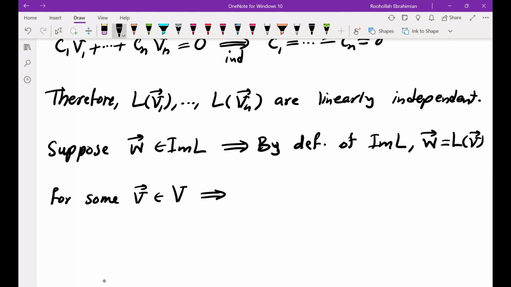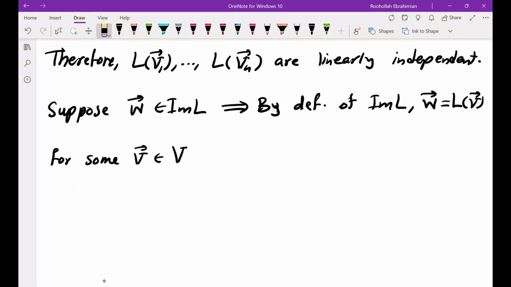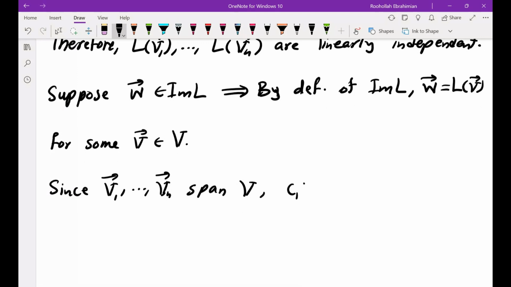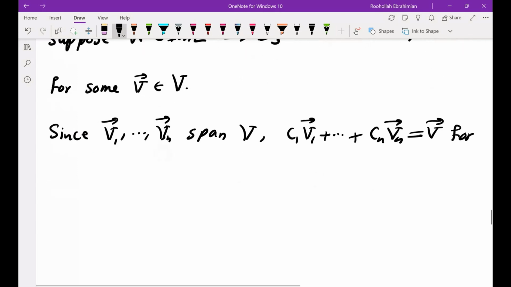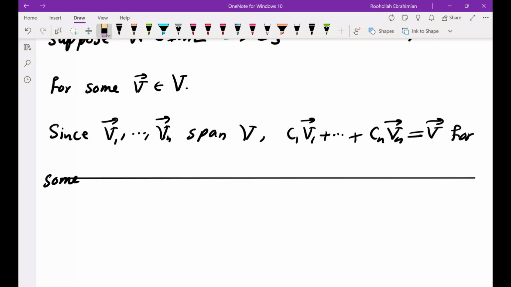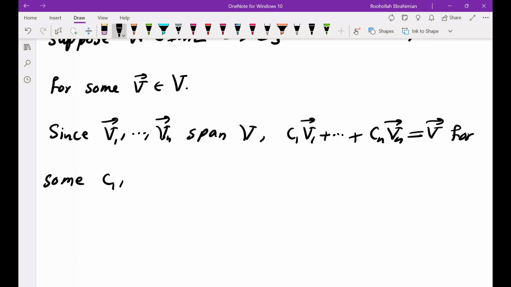I can write down W as L of V, but then I can write down V as a linear combination of V1 through Vn, because V1 through Vn span V. So let me write it down in the next line. Since V1 through Vn span V, because they are a basis, so every basis is also spanning, C1 V1 plus Cn Vn is equal to V for some scalars C1 through Cn.